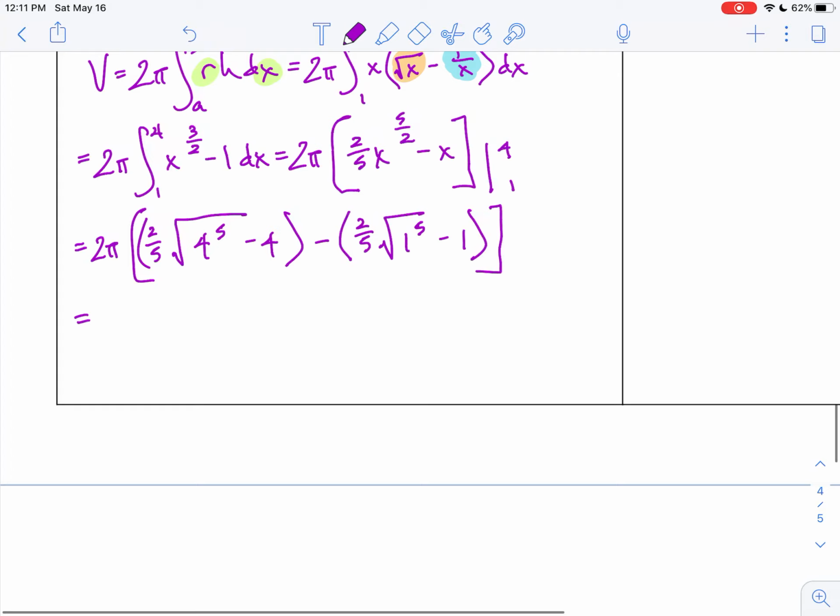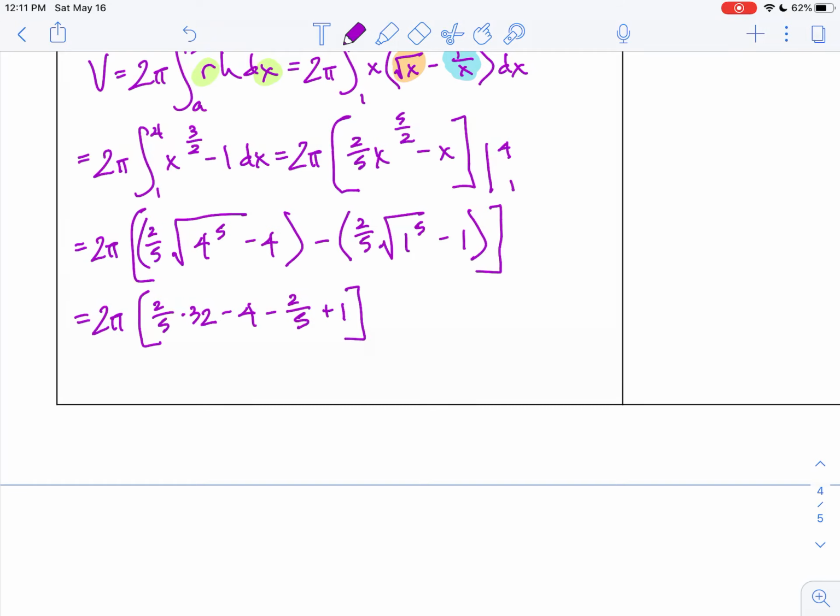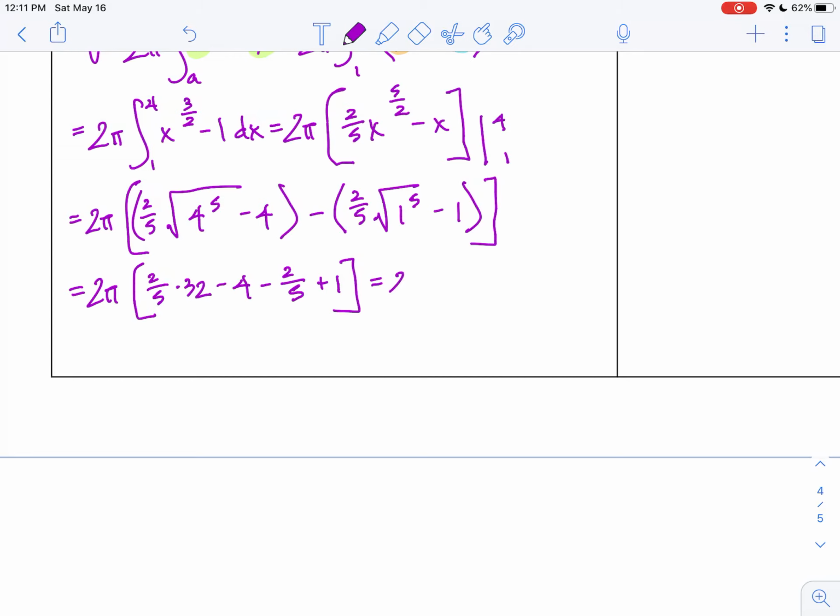All right, let's see what this gets us. 2 pi times 2/5 times 32 minus 4 minus 2/5 plus 1. Okay, now this condenses to be 2 pi times 62 over 5 minus 3.